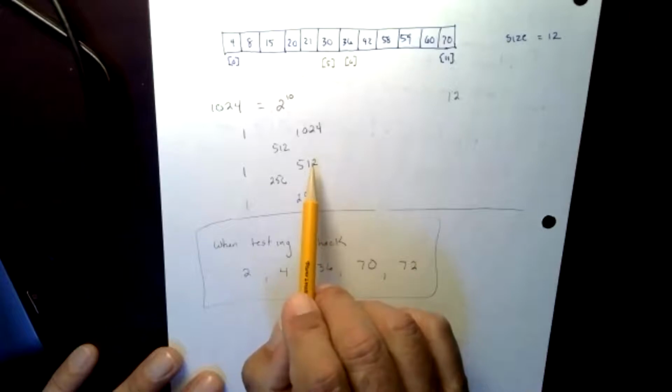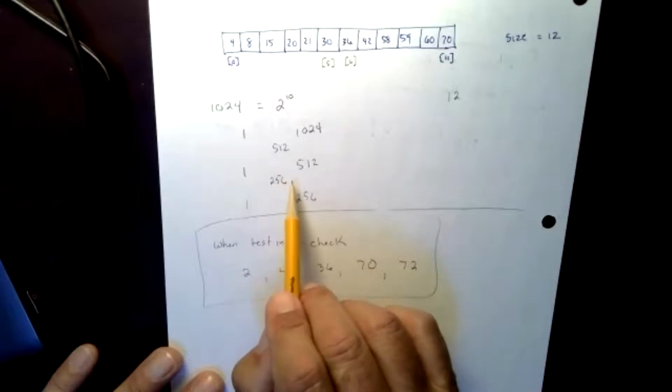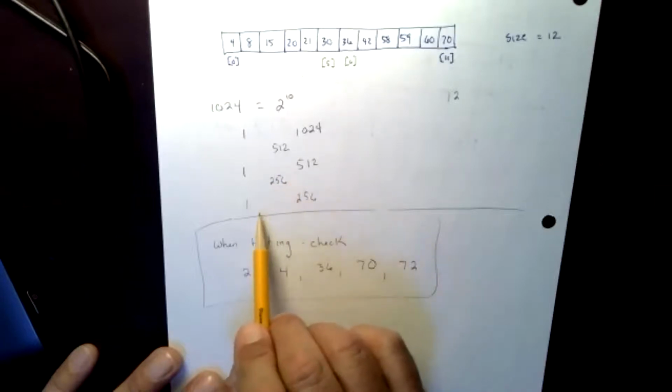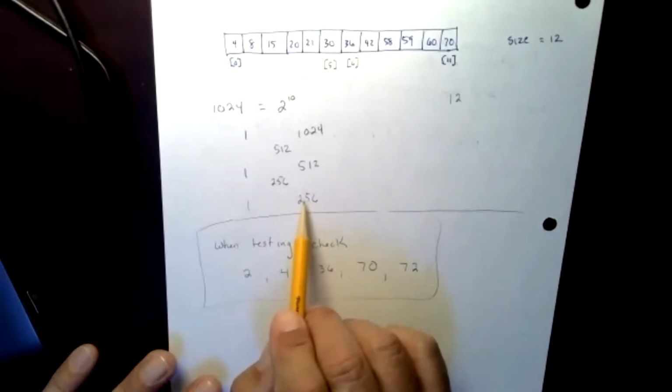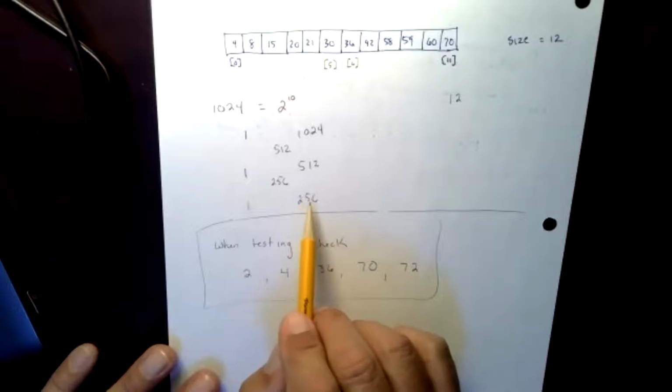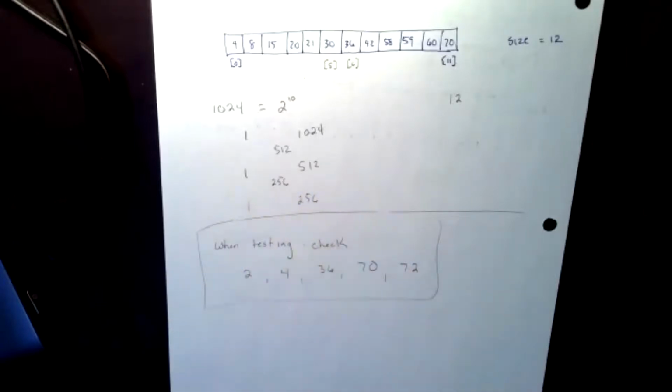What number am I going to guess? Halfway between those two, which is 256. If they say lower, I'm now going to look in the range from 1 to 256, which means I've now eliminated 768 numbers within 2 guesses.